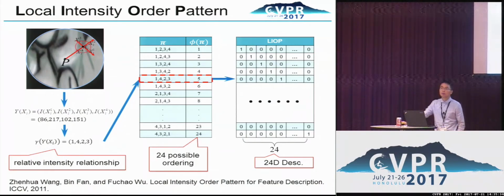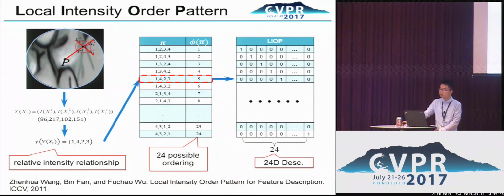Given a pixel, we also construct a local coordinate system for it to achieve rotation invariance. Then take out its 4 sampling points in this coordinate system.